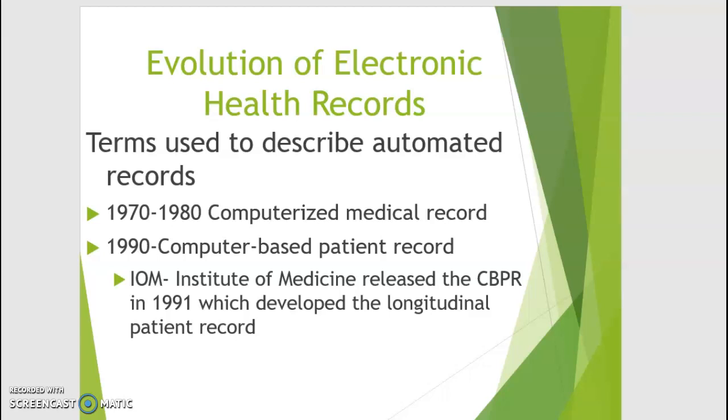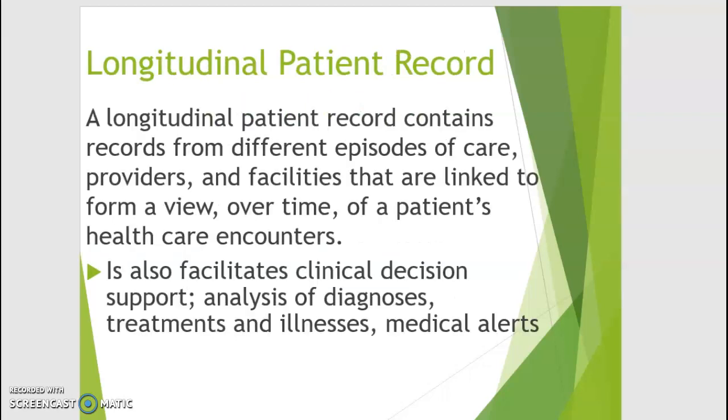The Institute of Medicine at this point released a CBPR in 1991, which developed the longitudinal patient record. And what is that? It contains records from different episodes of care and providers and facilities that are all linked to form a view over time of a patient's health encounters.